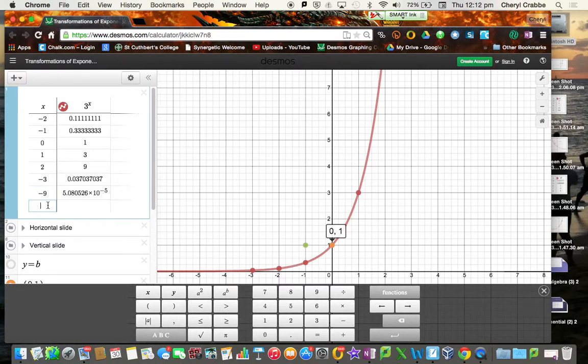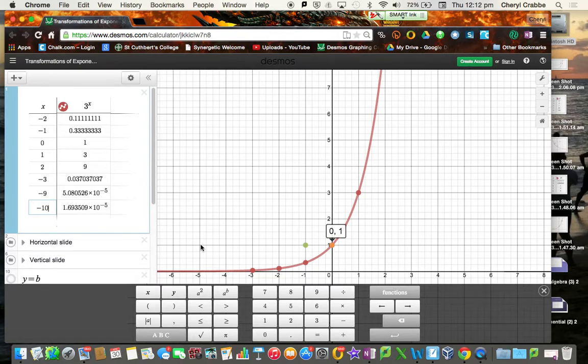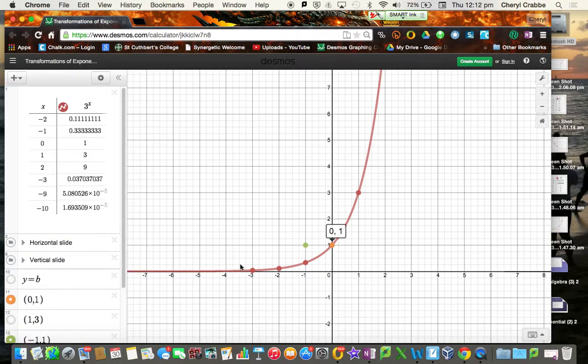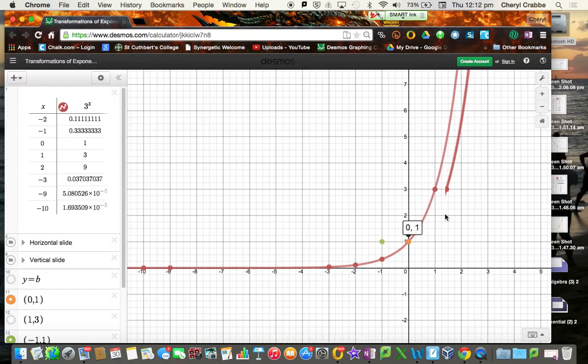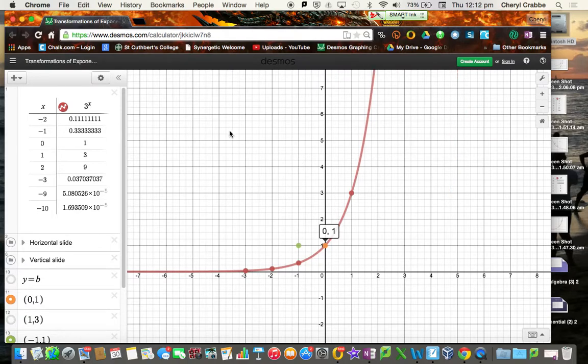It doesn't matter what number I put in here in the negative sense, it's going to get smaller and smaller, but it's never going to hit the x-axis. y is never going to be 0. y can't be 0 in a parent function of an exponential function. Okay? So these are the basic features of an exponential graph, a parent function of y is equal to 3^x. You've got a point at (0, 1), and you've got an asymptote at the x-axis.